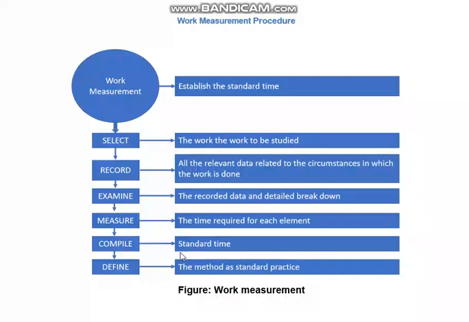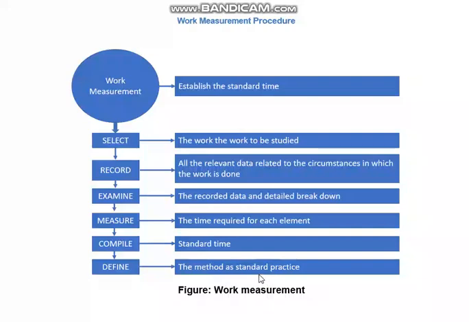So here we are computing the standard time. And after the standard time, the last step is to define. You have to define the method that you have measured, and this is the standard practice, this is the time that you should give for this work.